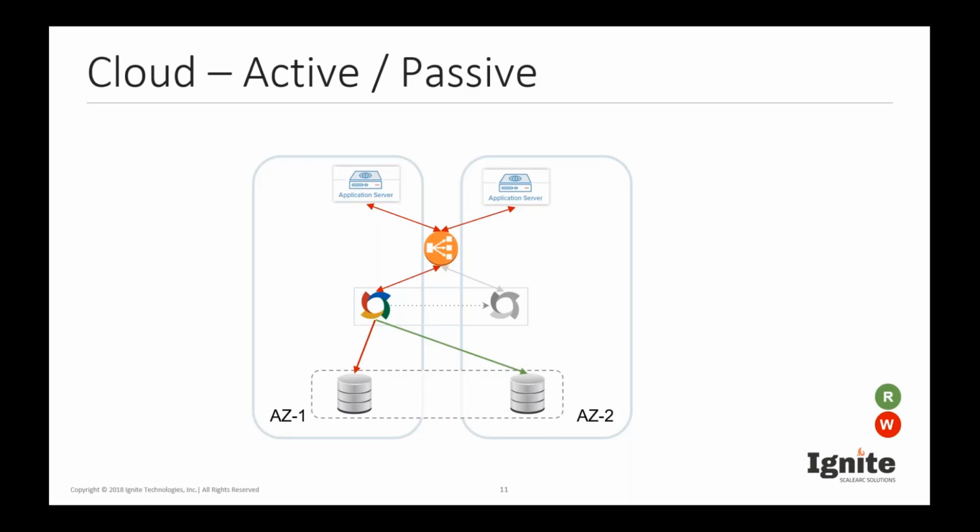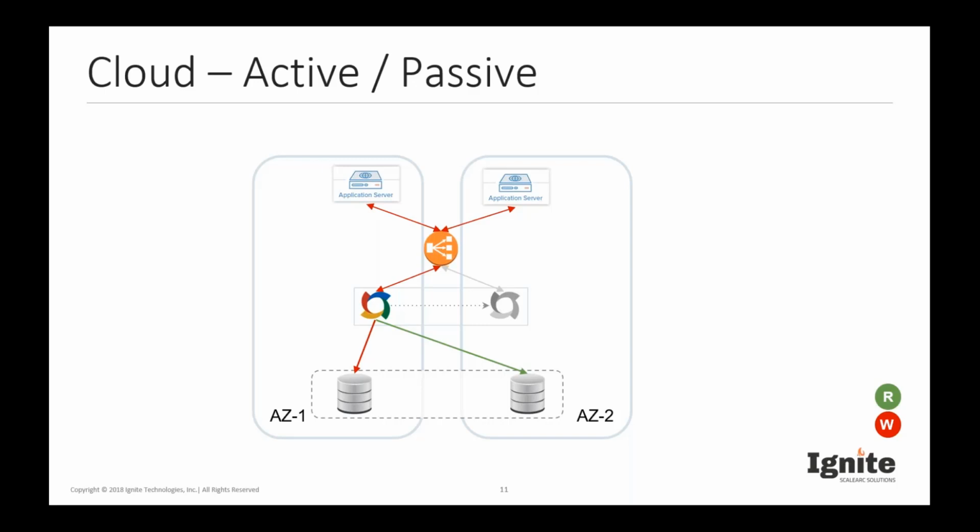So we have adapted ScaleArc to the cloud, so we can actually work seamlessly with load balancers in the cloud, and as such, it will capitalize on all the load balancer benefits, their high availability, all the features of them.